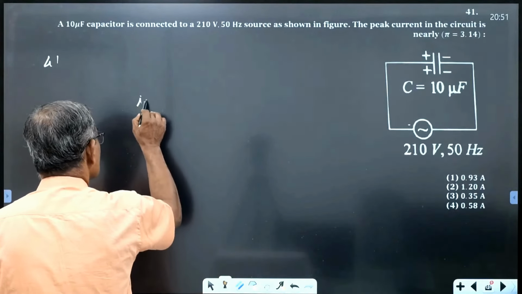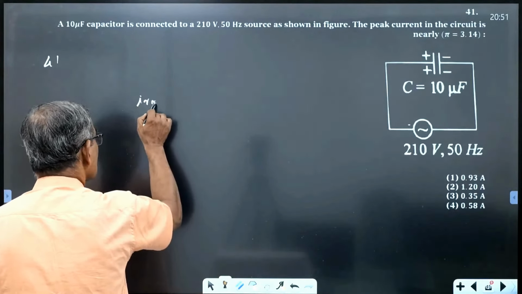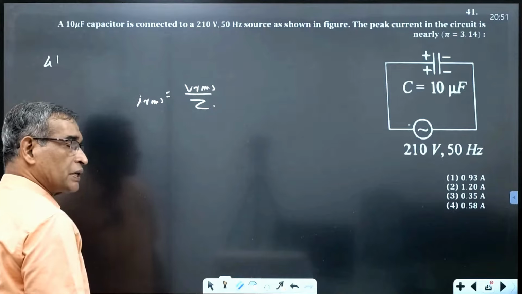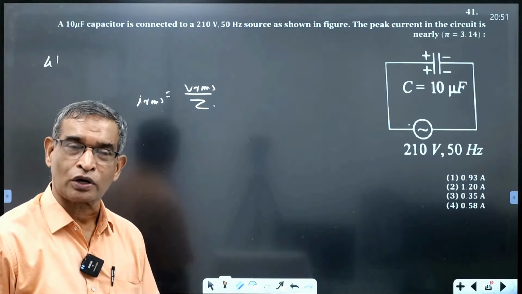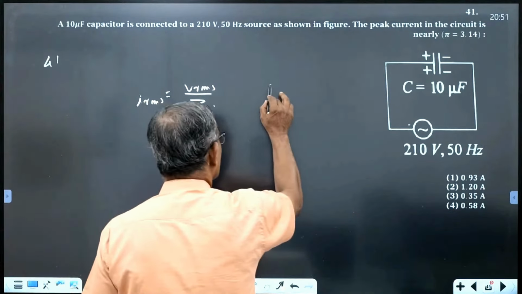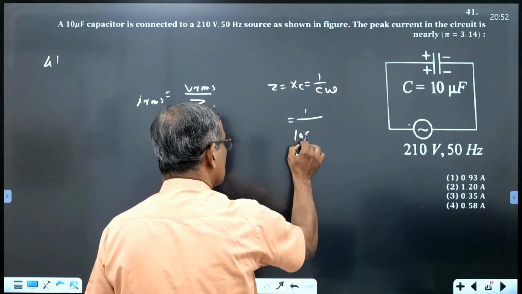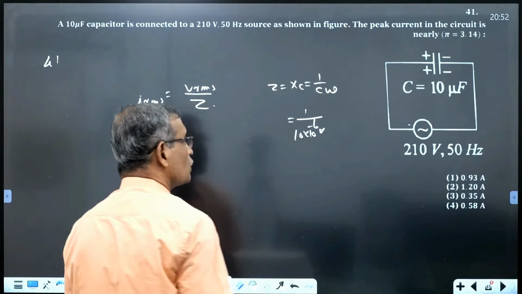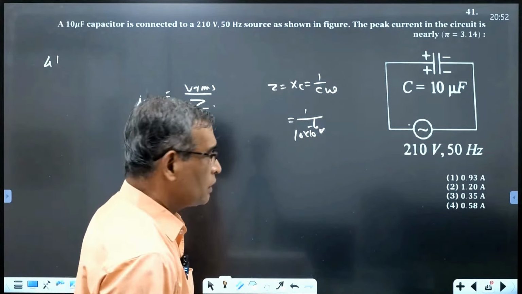I RMS is equal to V RMS by Z, where Z is the total impedance. Here the impedance is contributed only by the capacitor. So here Z is equal to XC, which is equal to 1 by C omega, equal to 1 by 10 microfarad, or 10 into 10 raised to minus 6, into omega, 2 pi n, 2 pi into 50.